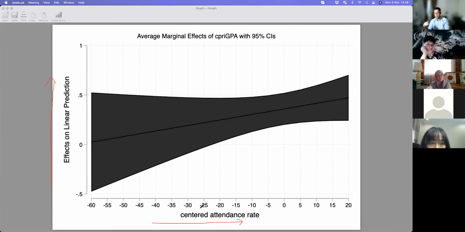In particular, individuals with higher attendance rate tend to have higher effect of prior GPA. Okay, so if you're a good student and you have a strong academic record, then by attending classes and paying attention to the classes, the effect of that previously accumulated knowledge is going to be higher. Okay, so this is what's called the complementary effect of attendance rate on current knowledge.